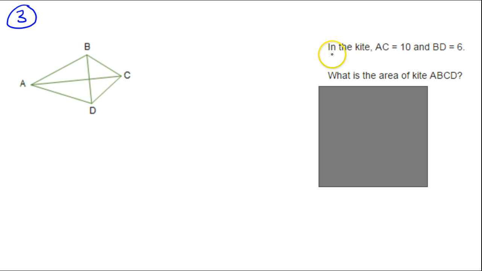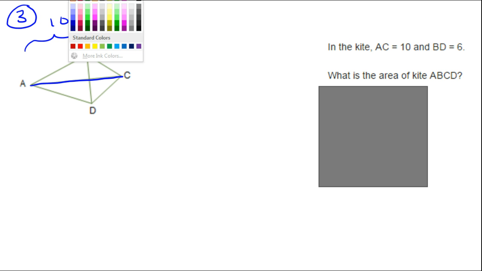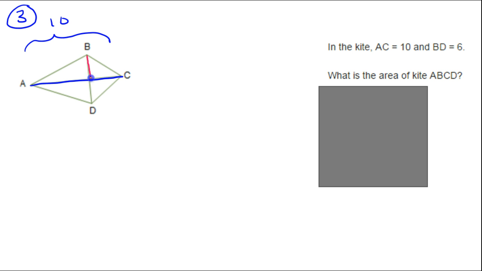Number 3, we've got this kite. AC is 10, so from here to here is 10, and BD is 6. So they are giving us both diagonals of this kite. What is the area?